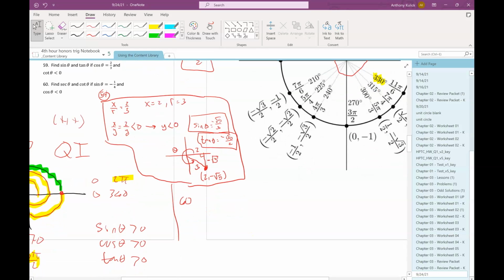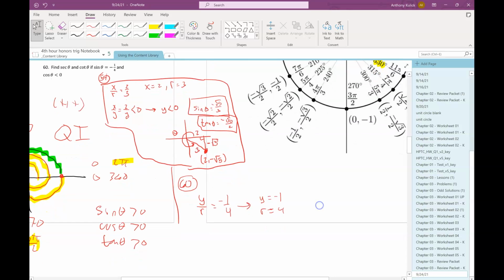So I know that sine is y over r. And I know that y is representing an x or y coordinate, but r is representing the distance from that point to the origin. So the r has to be positive, so I know that y is negative. It can't have a negative r.